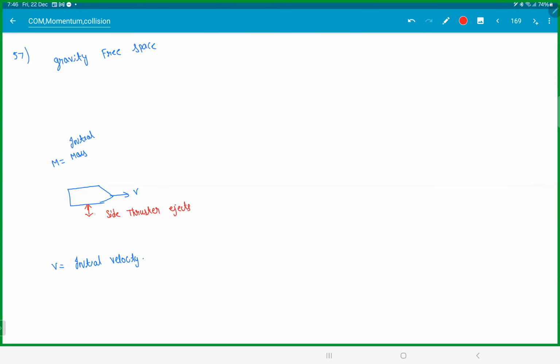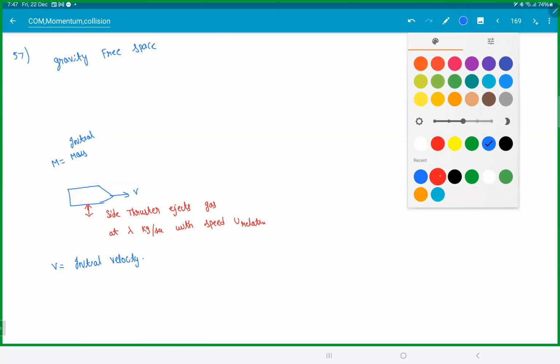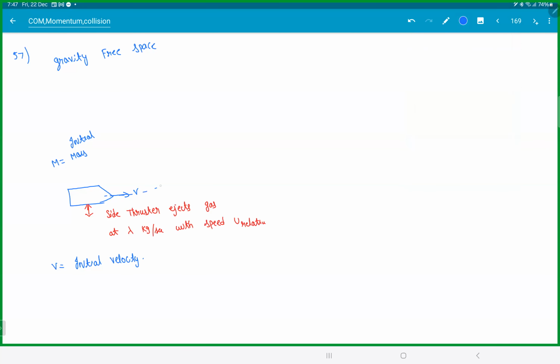So this side thruster ejects gas at lambda kgs per second with speed u relative to the rocket. Now, because of this, what will happen? The rocket won't go in a straight line.